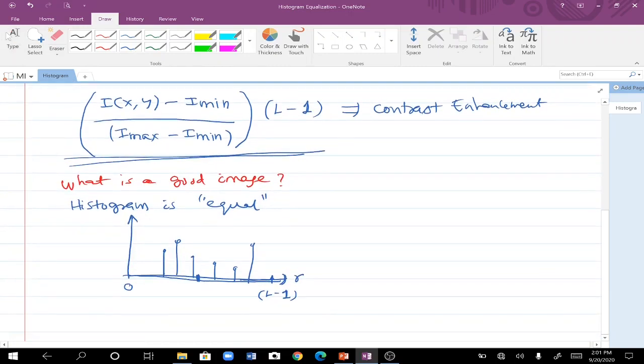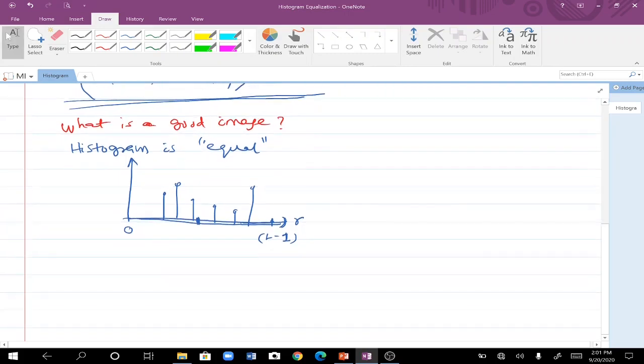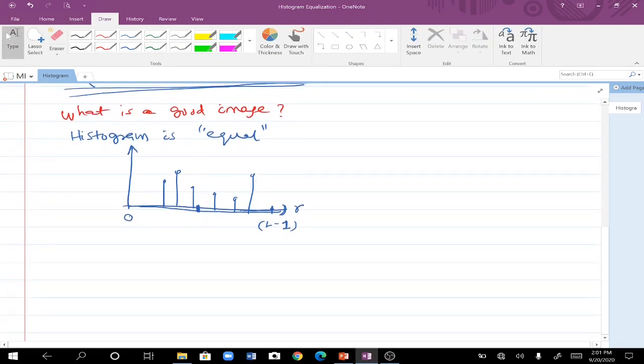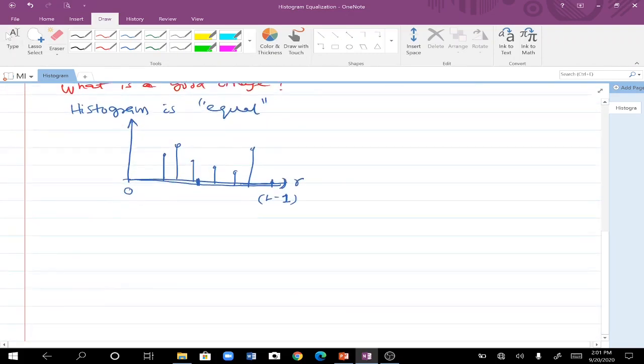Now you have slightly expanded your definition of a good image by saying that the number of pixels having a particular intensity value, that frequency also, you are giving it importance. So that's how you are going to define your histogram equalization transformation. Anyway, we will go into a rigorous mathematical approach a little later. Before that, let me write you some intuitive expression for this.